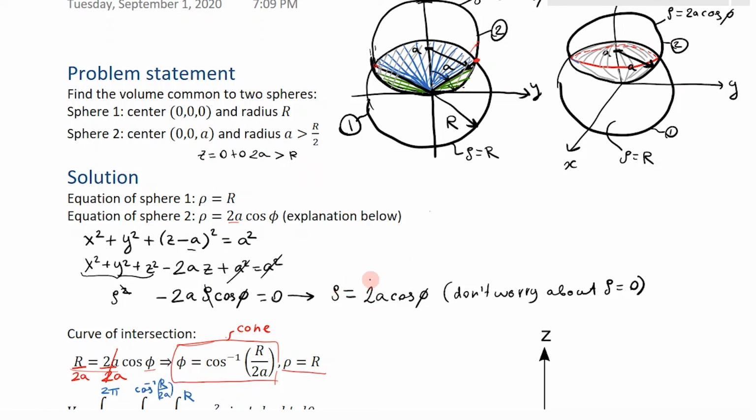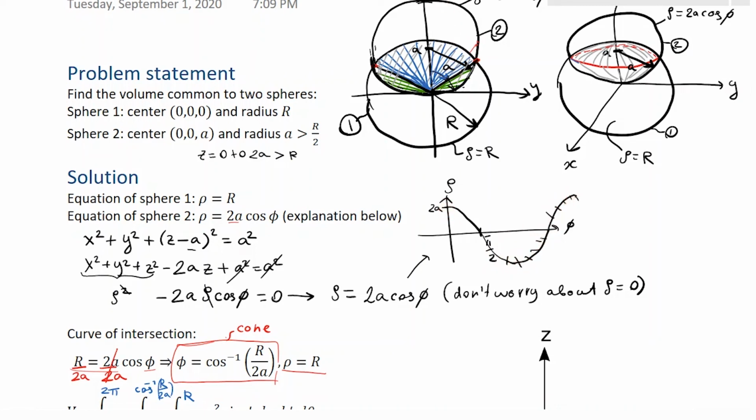Let me show you. If I sketch this, rho versus phi, I'm going to start at 2a, and then at pi over 2, I'm going to get to 0. And then rho will become negative, and then positive again.